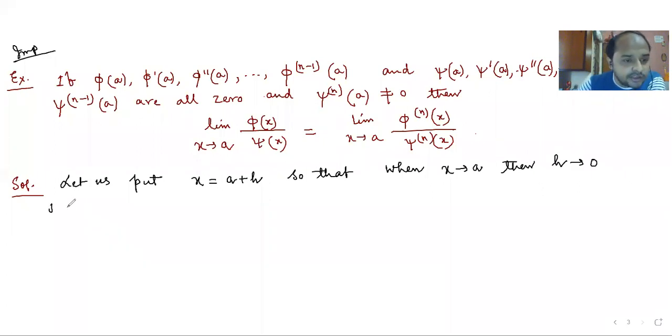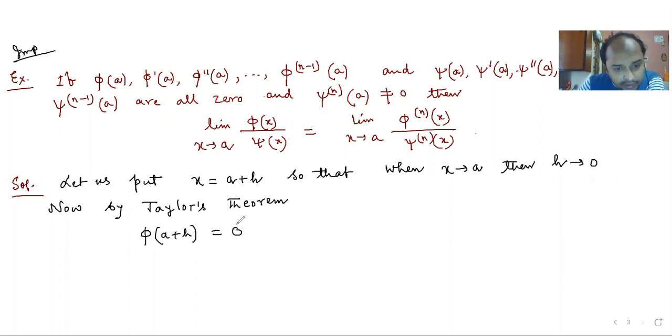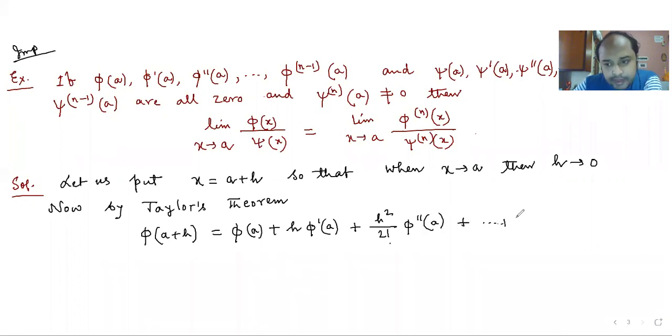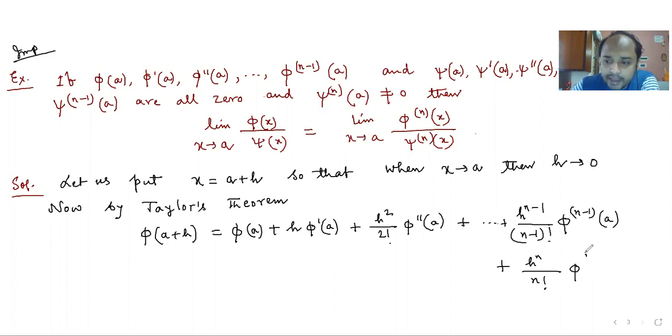Now by Taylor's theorem, we have already done the problem of Taylor's theorem. φ(a+h) is equal to φ(a) plus h φ'(a) plus h²/2! φ''(a) plus ... plus hⁿ⁻¹/(n-1)! φⁿ⁻¹(a) plus hⁿ/n! φⁿ(a+θ₁h), where θ₁ is a number lying between 0 and 1.